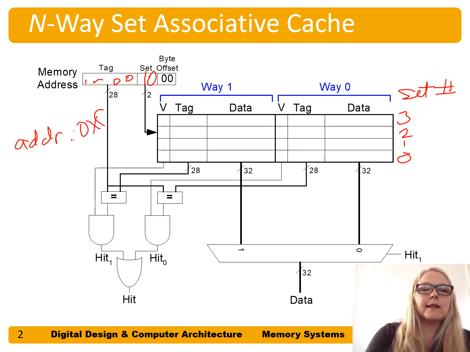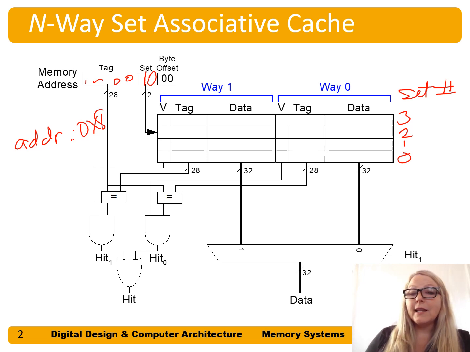So this is address hex 8, and it would map to this set. And if it's completely empty, it can choose which way to map to. But let's suppose one of them had already had some data, some random tag in it.